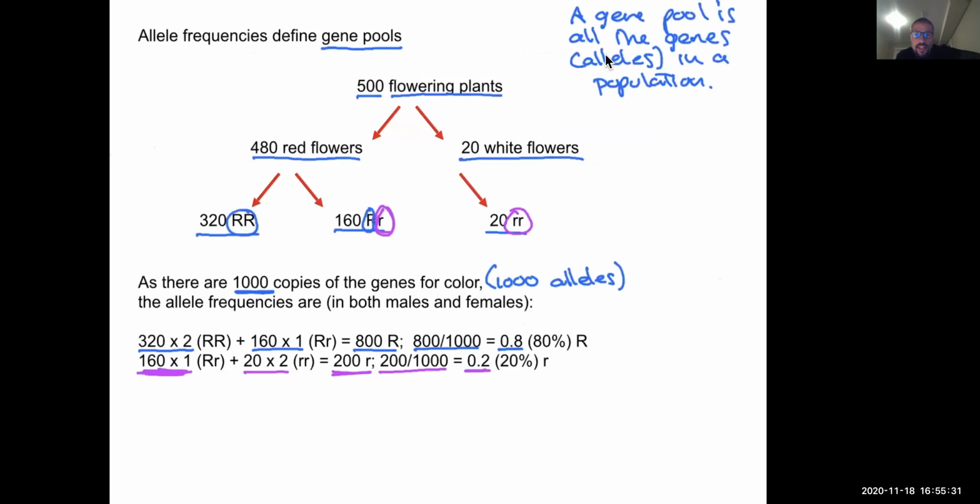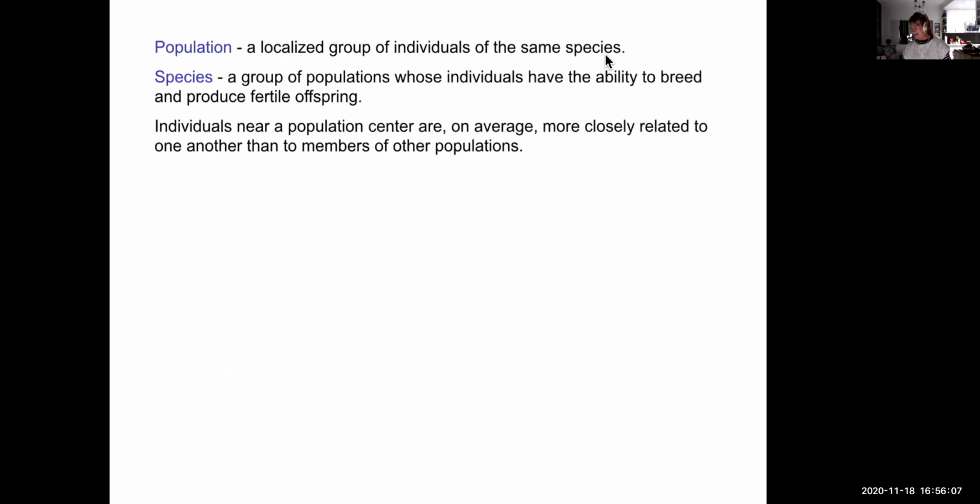This one, and then it divided 800, which is the total number of capital R's, by 1,000, because we started with 500 flowering plants, and because they are diploid, then we make it 1,000. I'm not sure. This doesn't bode that well for what we're going to do next. But it's quite funny. I'm just glad that somehow it worked out.